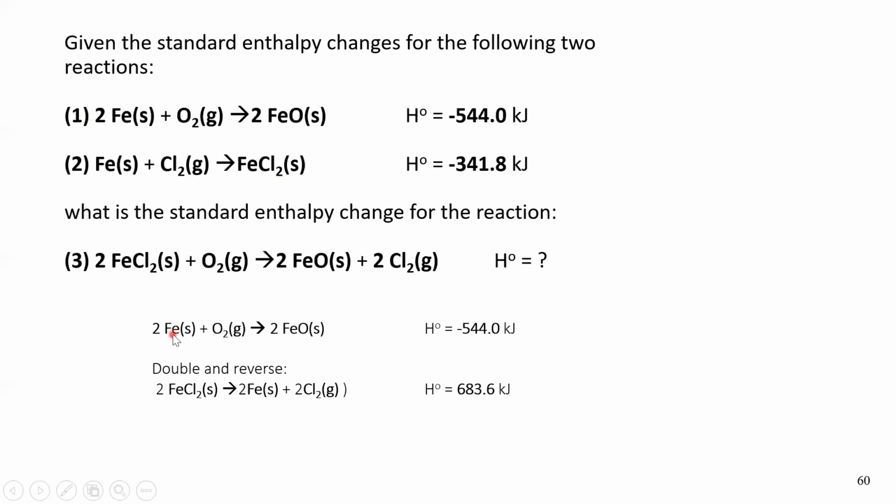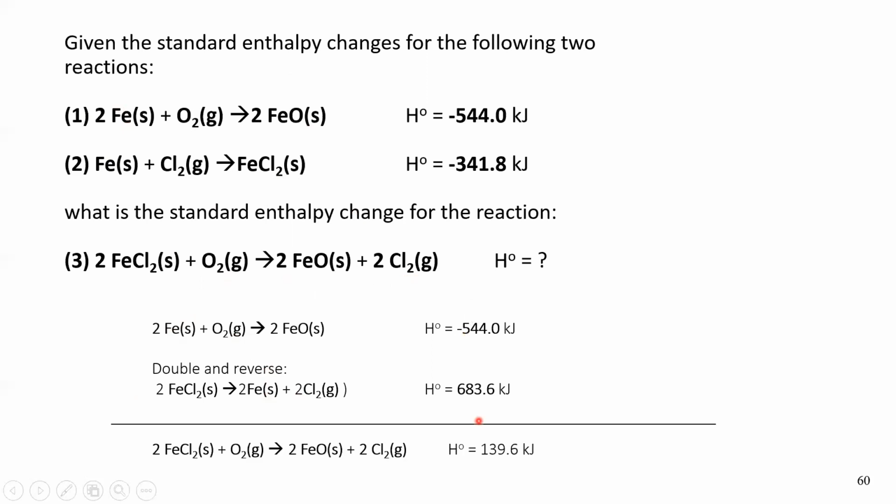2Fe is on the reactant side here, and it's on the product side here. That's going to cancel out. And that's the only thing that cancels out. So Hess's law says if we add up these two reactions and they give us the reaction we're looking for, we can add up the energies and it's going to give us the energy for what we're looking for.